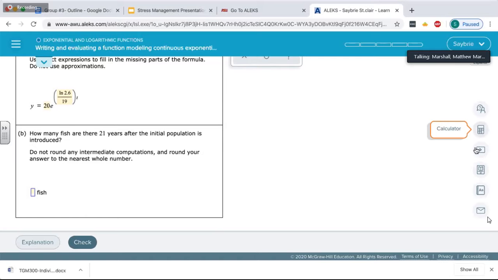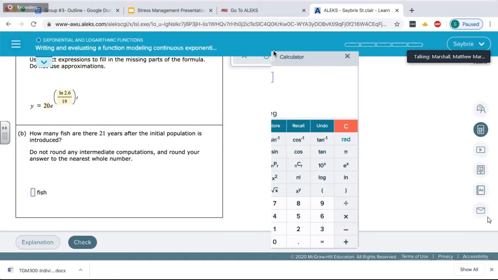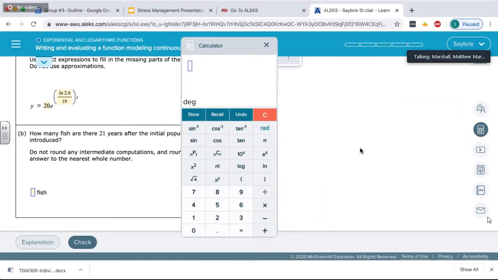And then let's use your calculator there. Let's open that up. So that's 20 e to the x, and then good luck writing that in there. You can do it. Look at that. Good job. 2.6 over 19.